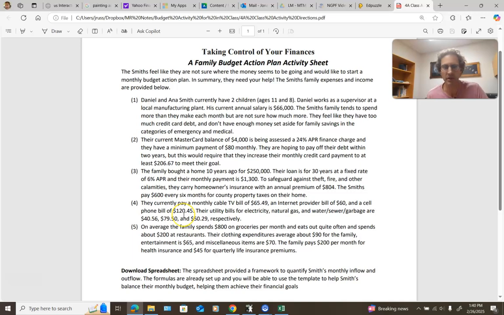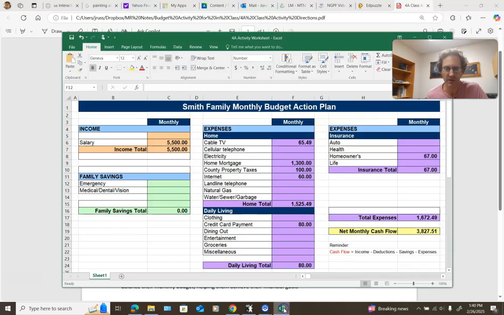Their cell phone bill is $100, or excuse me, $120.45. Okay, so cellular, $120.45, and you just keep going.